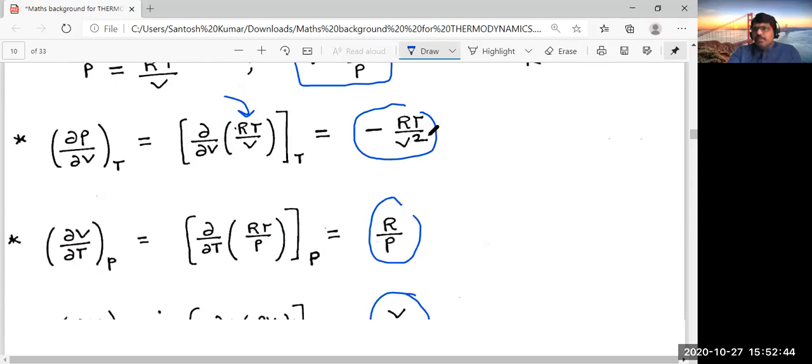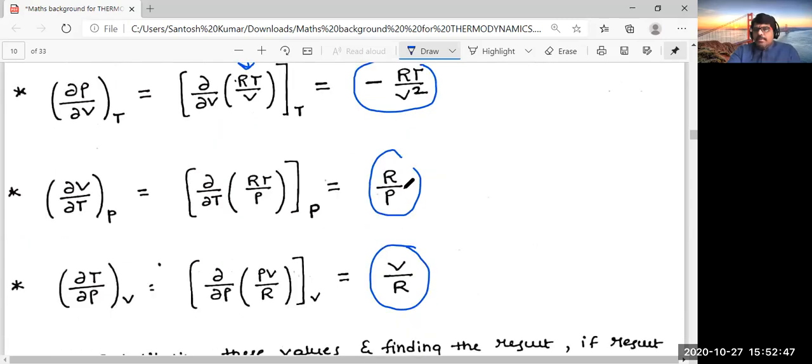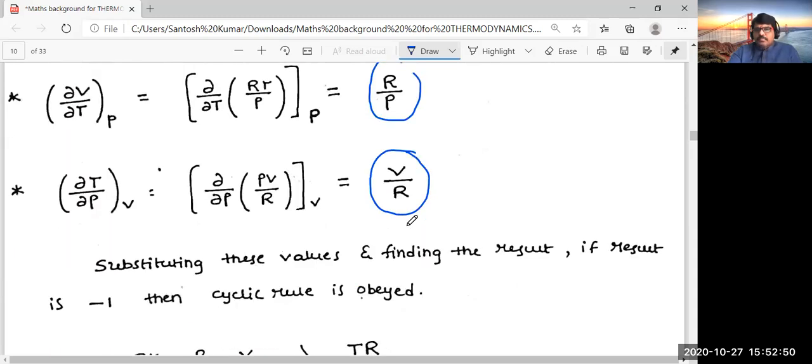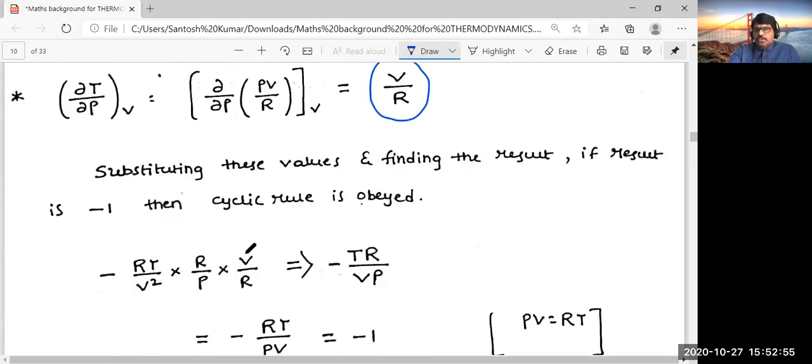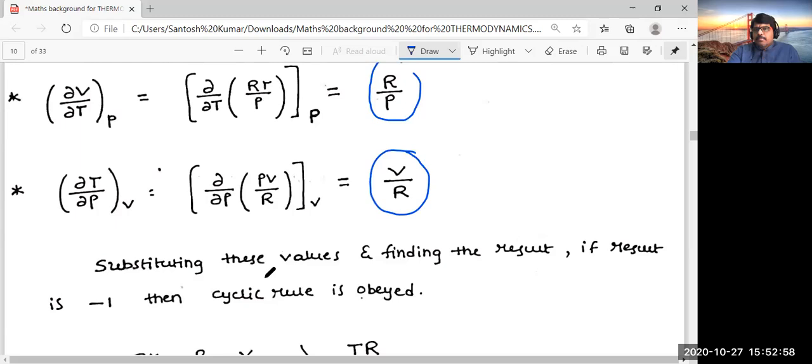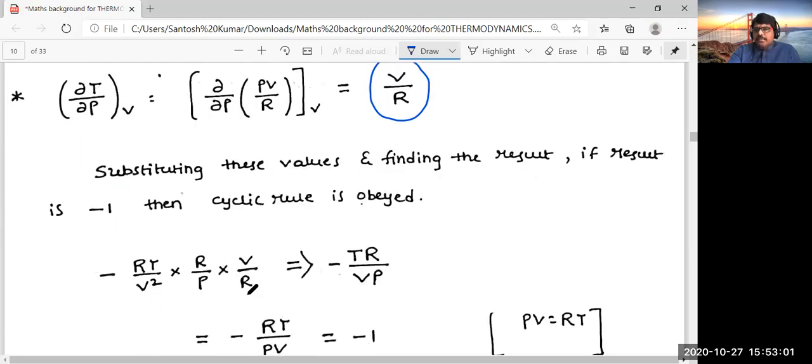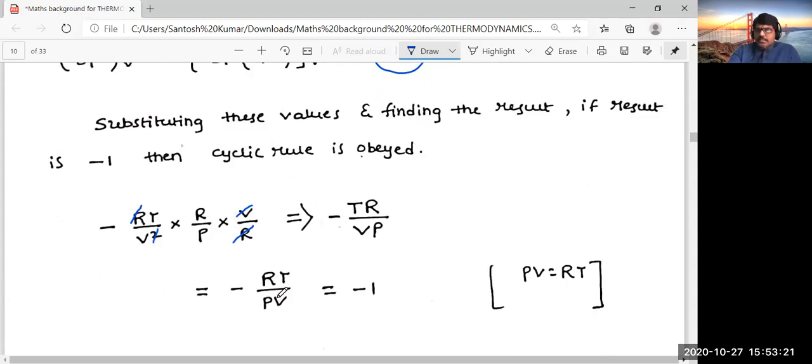The first term we got is minus RT by V square, the second term is R by P, and the third term is V by R. If you substitute all these terms, R and R get cancelled, one R is remaining, and one term of volume gets cancelled. The remaining terms are minus RT by PV.